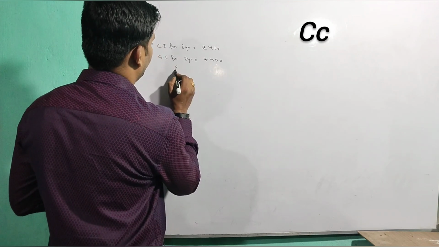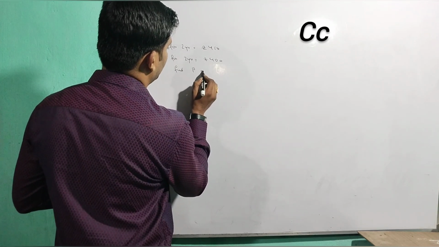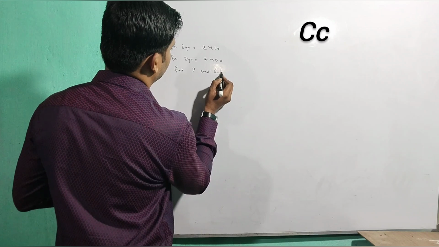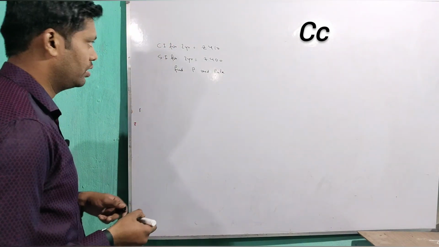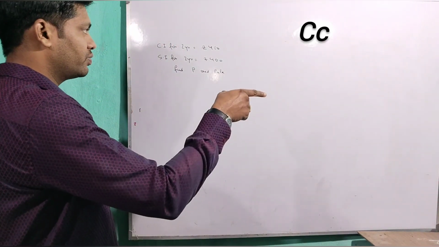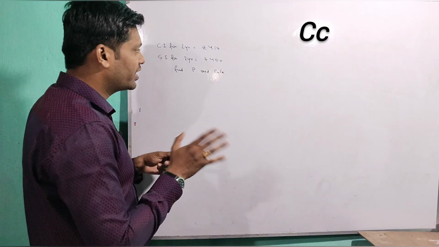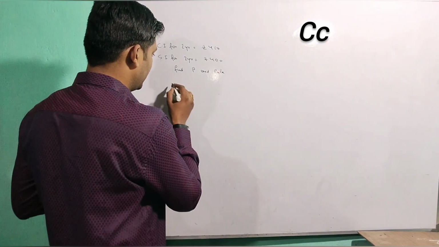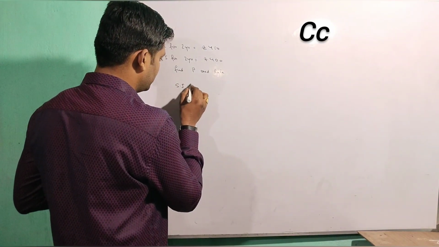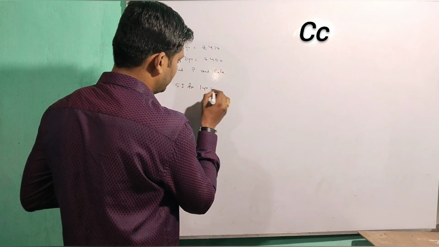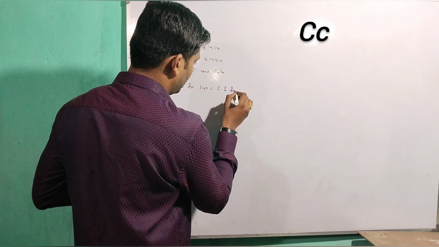Find the principal and rate. Time is the same. So what I told you in the previous one, the simple interest in both cases will be the same. So we can write simple interest for first year equal to compound interest for first year.